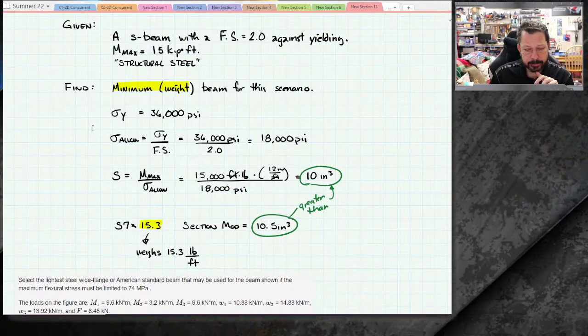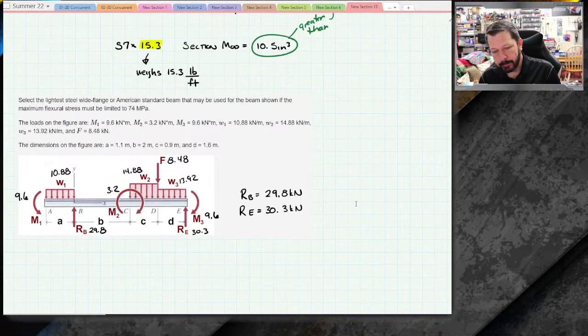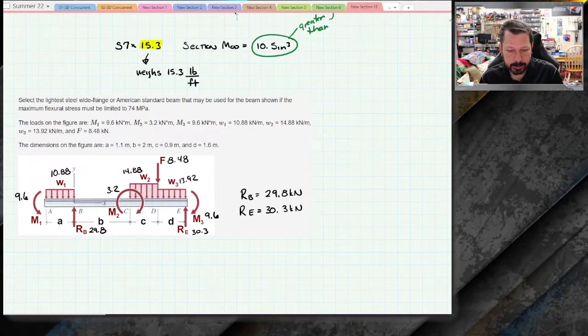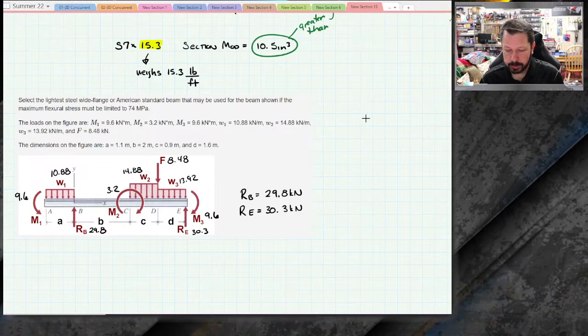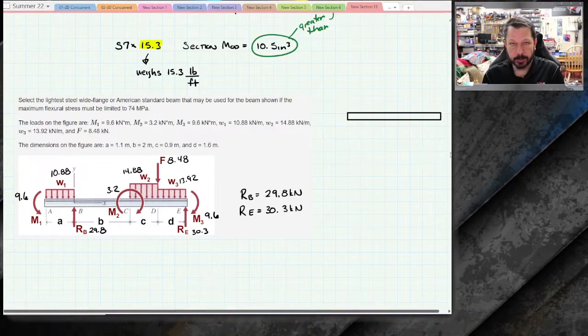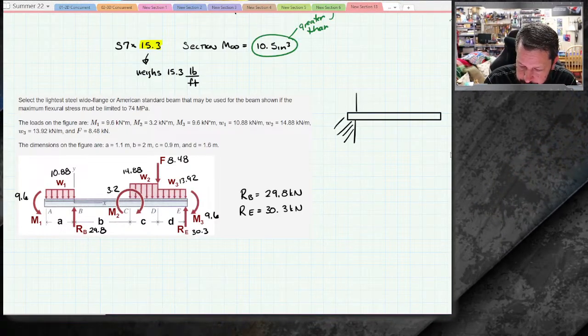Maybe we should take a little aside real quick. There are a couple of beam types where if you have a certain scenario, then you don't have to draw the shear and bending diagram to know where the maximum bending moment is. So one of those is a cantilever beam.